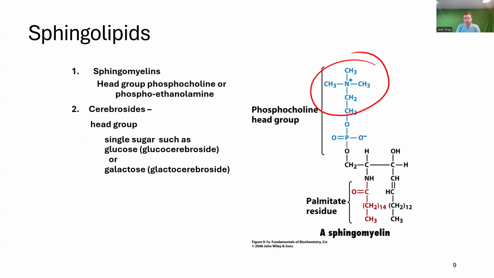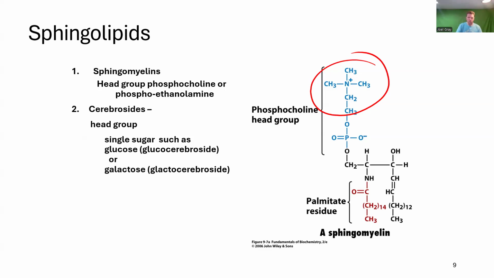Cerebrosides are examples of sphingolipids where the head group is a single sugar like glucose or galactose. The significant point is that whenever you start putting sugars here, this is another mechanism by which these lipids can be used for communication.